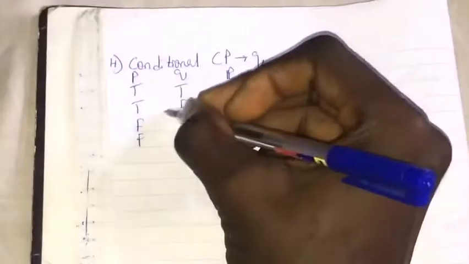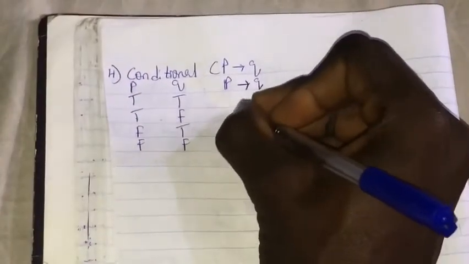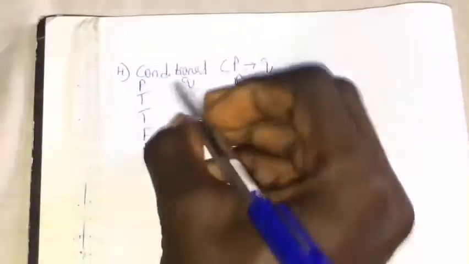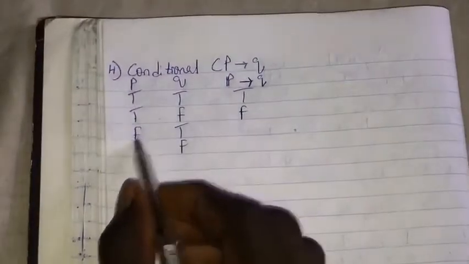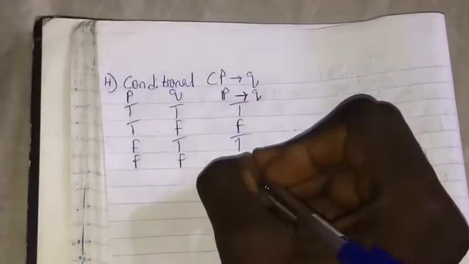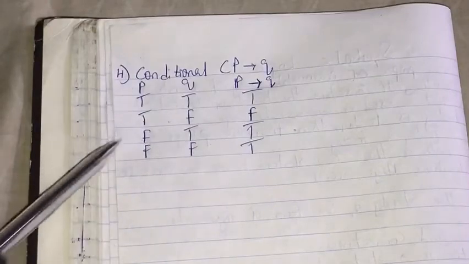This is the only point where we have false, because P is true and Q is false. Otherwise it is true. For P then Q: true and true, you have true. False and true, you have true. False and false, you have true, because it can only be false if P is true and Q is false.